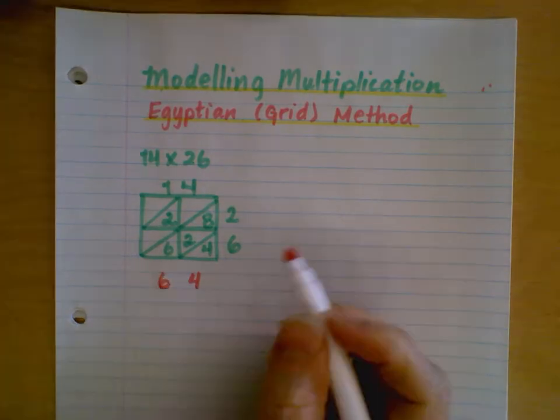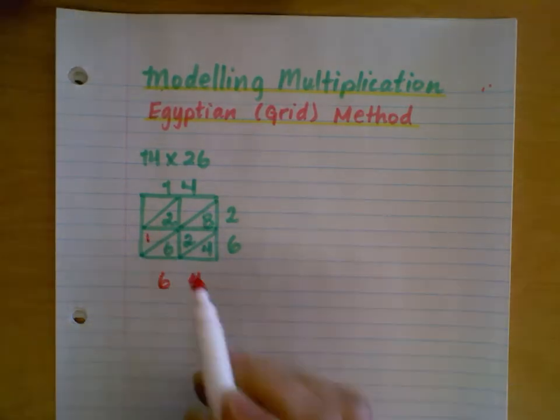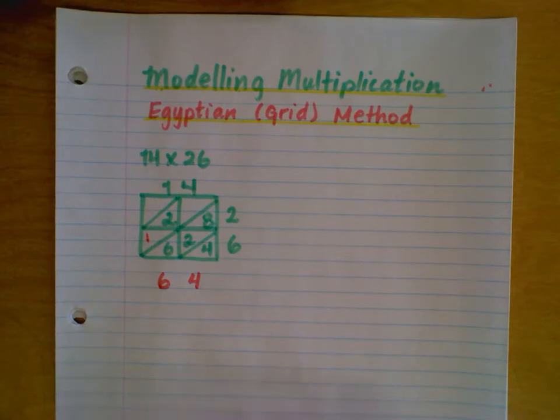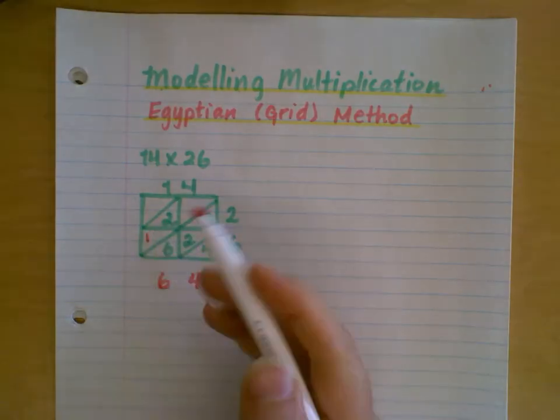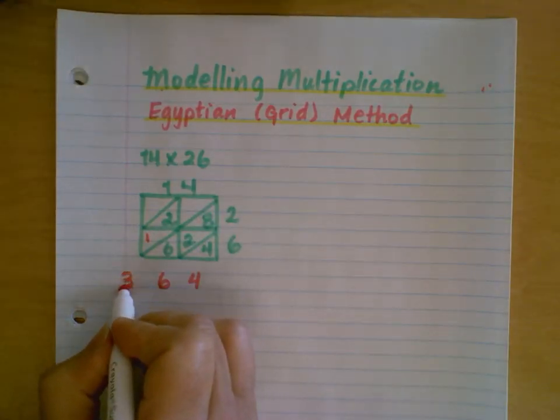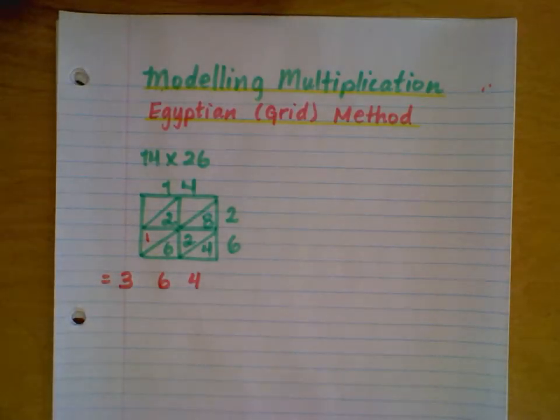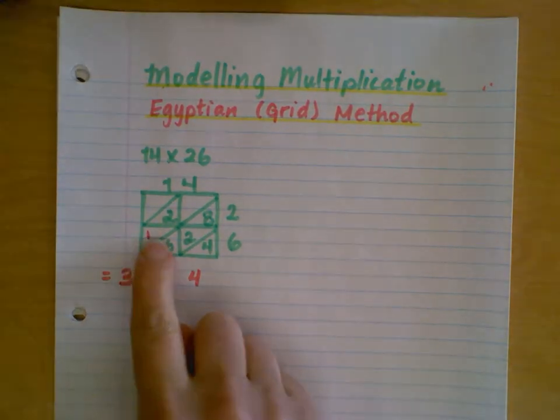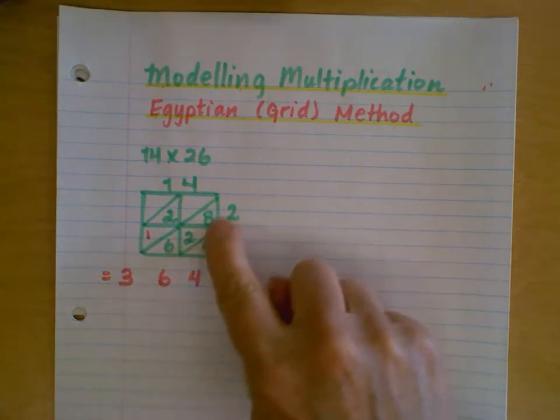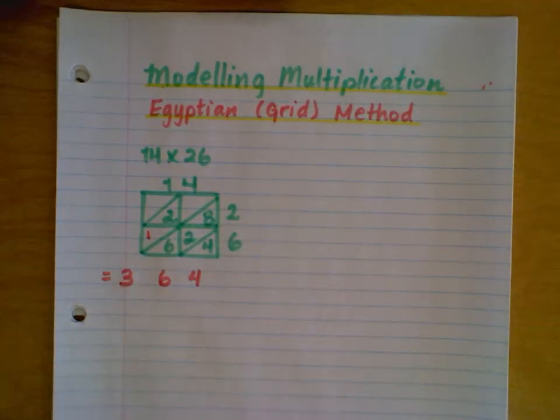So I'm going to write the 6 and I'm going to carry that 1 above the line. And I keep going diagonally. 2 plus 1 is 3. So I've got the answer to that multiplication is 364. And I changed color just to show that that 1 came from the addition of all these 10s together.